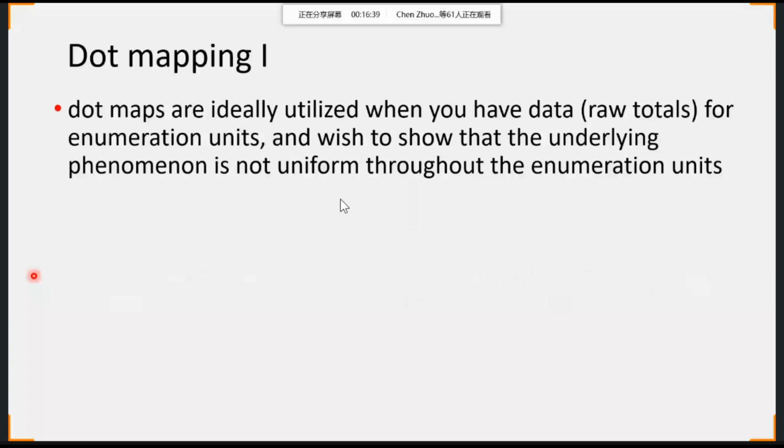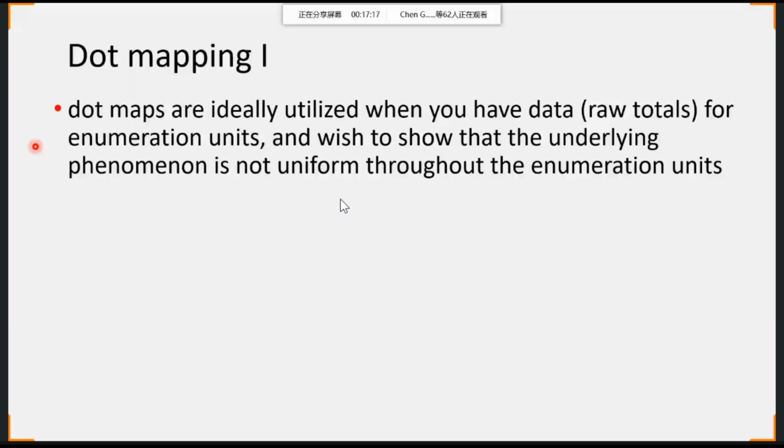Dot maps are ideally utilized when you have data, also raw totals, for enumeration units, and wish to show that the underlying phenomenon is not uniform throughout the enumeration units. So it is a bit related to densitometric mapping, where the idea is also that you want to improve this drawback of the choropleth map. As with many phenomena, we know that they are not uniform across a whole enumeration unit.